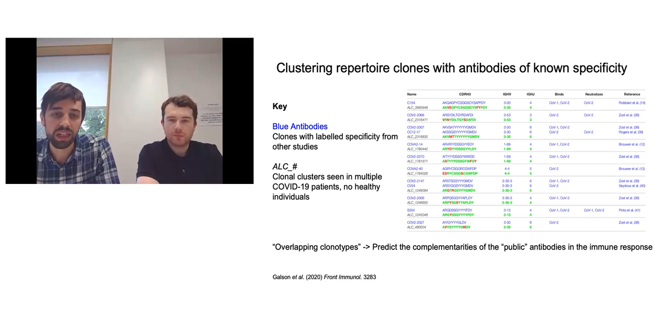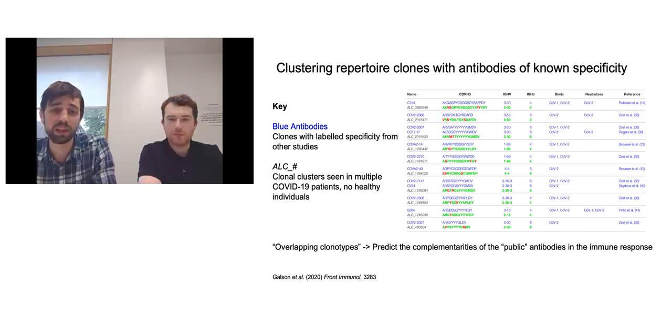So in this study by Galston et al, they picked the clonal clusters that were seen in multiple COVID-19 patients, but not healthy individuals, and these associated clones, through a similar clustering approach where we look for same V gene, same J gene, and a similar CDRH3 sequence identity, they can start to pick out, I think here, stereotyped responses in the way people are responding to SARS-CoV-2, and we can make comments on the clone based on the other antibodies of known specificity that it clustered in with.